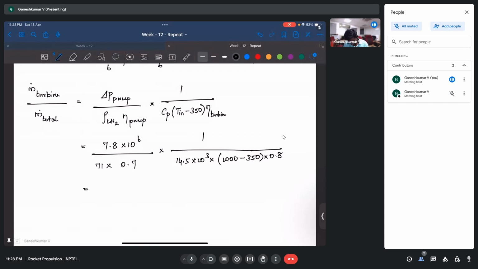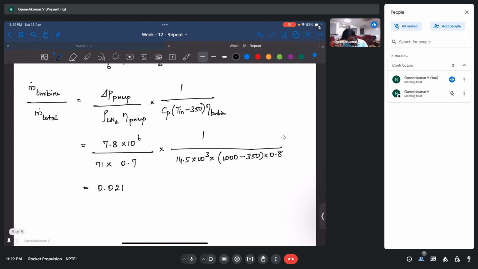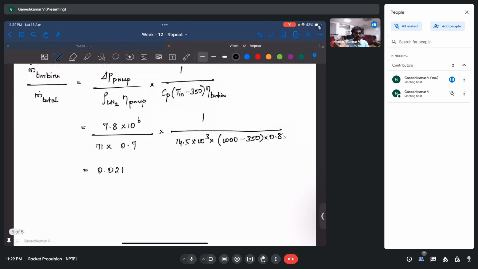So this is coming out to be 0.021. This is the ratio of mass flow rate through the turbine to the total mass flow rate. So you can see it's just 2.1% of the total mass flow rate. So let's write that down. Mass flow rate of turbine is nothing but 0.021 times the mass flow rate of the total.